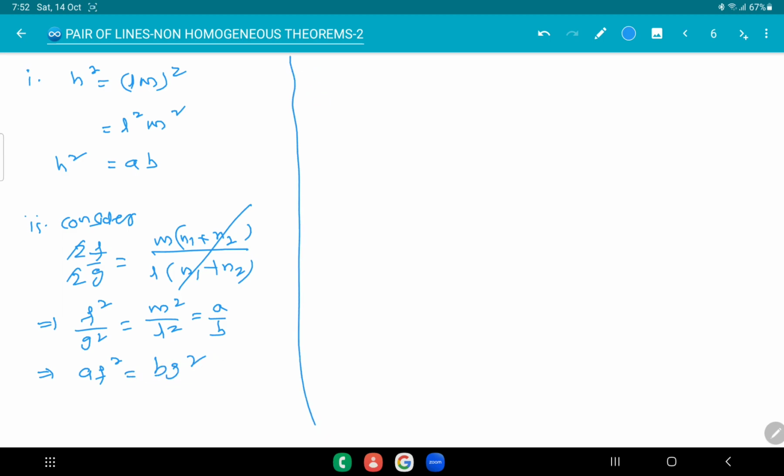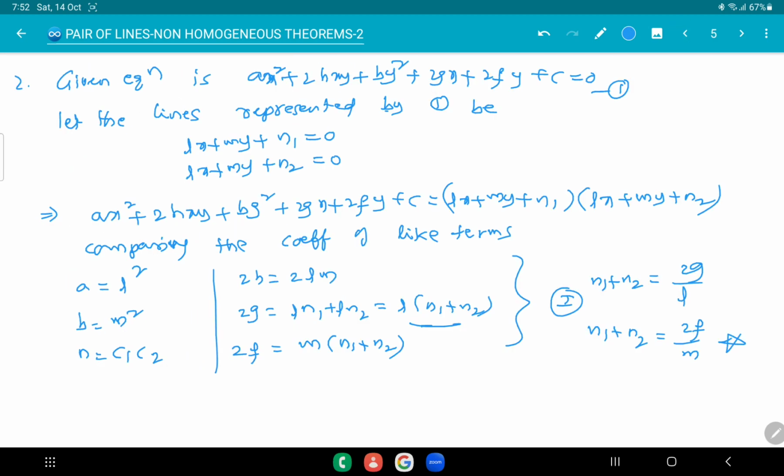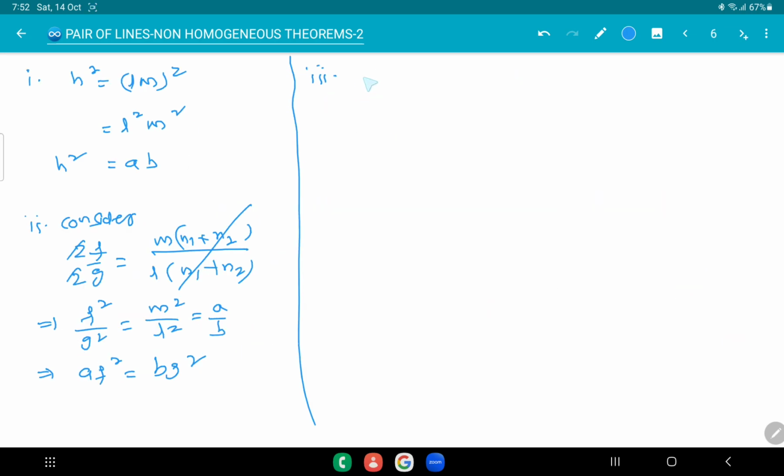Second part is done. Next one is the third one, distance between the parallel lines. Let these equations be 2 and 3. Distance between 2 and 3, we know the formula. Usually we use c1 minus c2 by root of a square plus b square. Distance between 2 and 3 is equal to n1 minus n2 by root of l square plus m square.